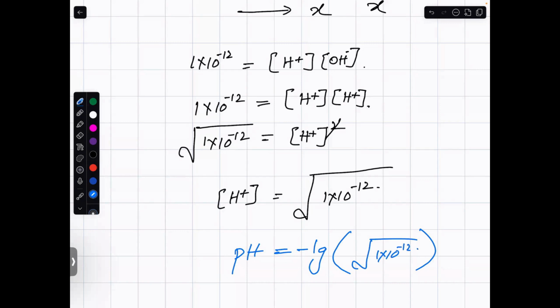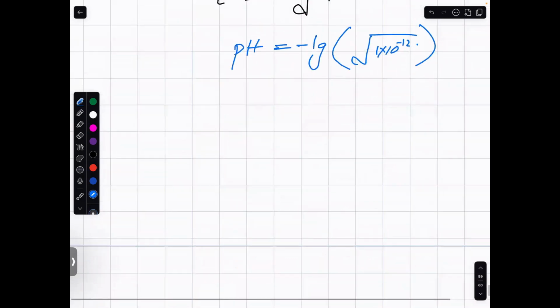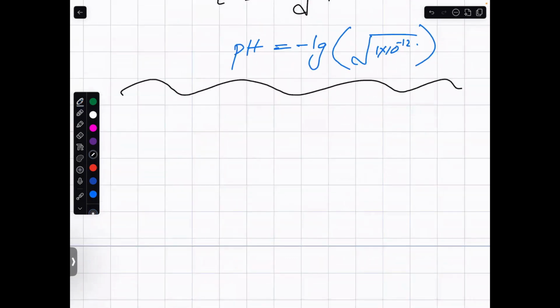Now, see? Let me explain one thing to you people. It's not that important, but I'm explaining, okay? Kw is H plus into OH.